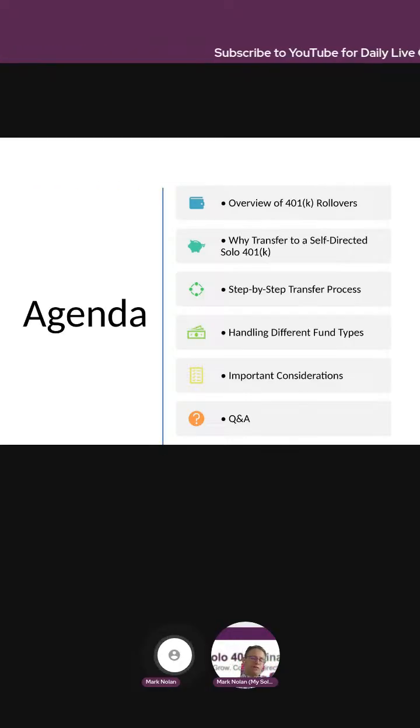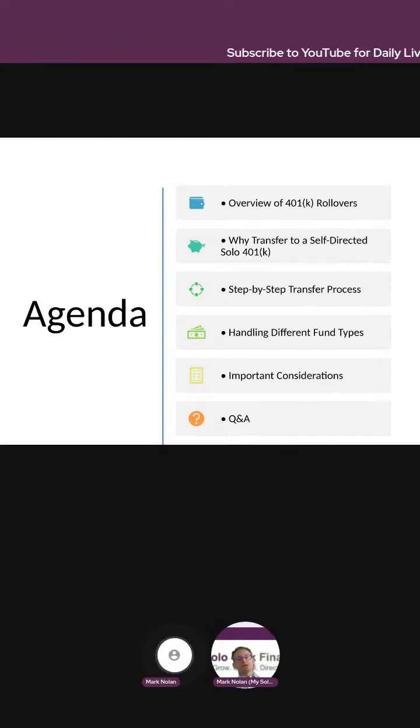A fully self-directed solo 401k, such as the plans offered through My Solo 401k Financial, allows many investments, such as stocks, exchange traded funds, real estate, cryptocurrency, promissory notes, private equity, tax liens, even life insurance.